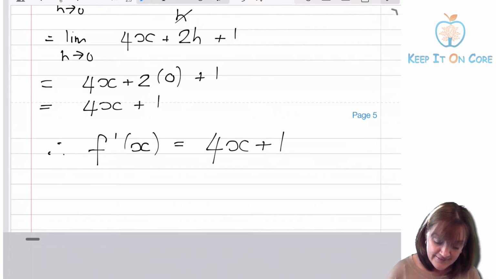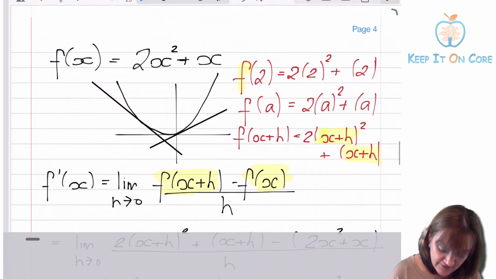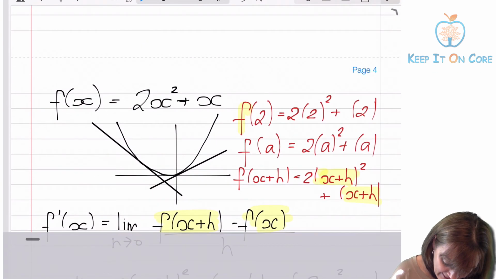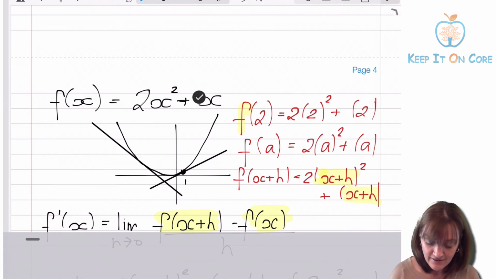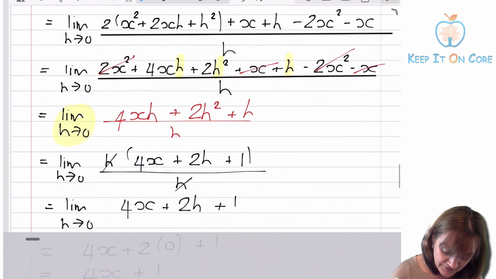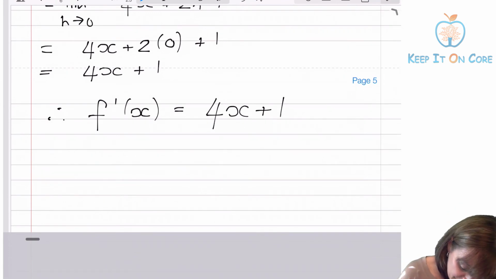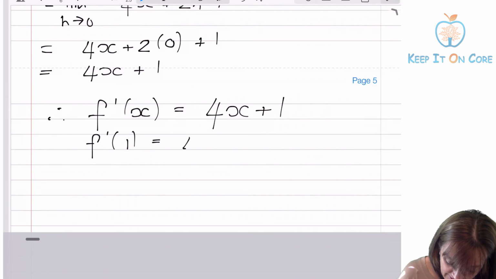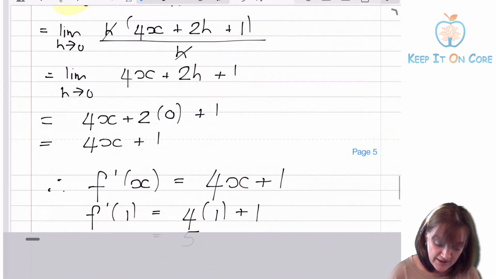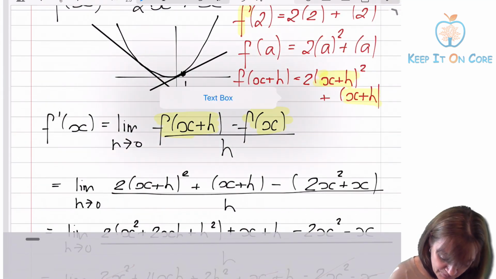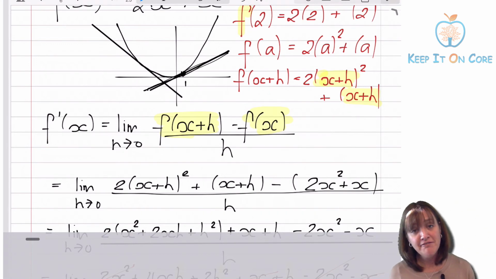So if I wanted to know the gradient of the tangent at, say, that point over there, well, the x value over there is probably around about 1. So I would substitute 1 into that x over there, and I would land up with 5. So the gradient of the tangent at this point, where x was equal to 1, would be 5.